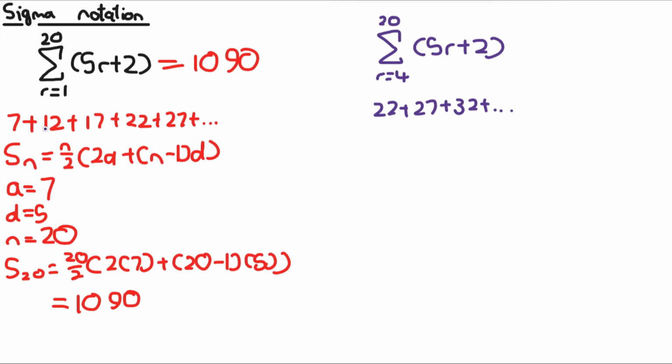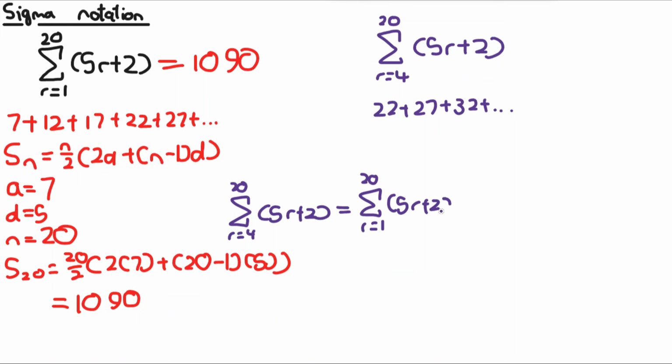And we can see that this is the exact same series as this, but we don't include the first 3 terms here. Now, the way the book does this is by saying that the sigma from r is equal to 4 to 20 of 5r plus 2, so the sigma that we need to solve up here, is equal to the sigma of r is equal to 1 to 20 of the expression, so this is the sigma here that we've already figured out the answer to, minus the sigma from r is equal to 1 to 3 of this expression like this here.